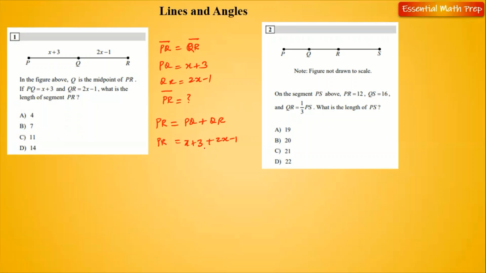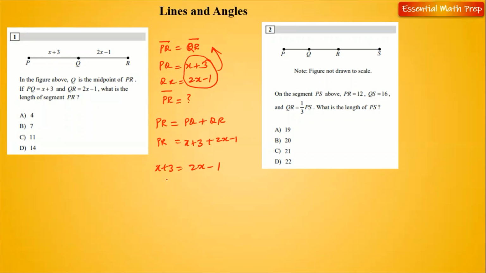Unless we determine the value of x, we can't solve for PR, right? So that means the only way we can solve for the value of x is to use the idea of midpoint. That means x plus 3 equals 2x minus 1, right?